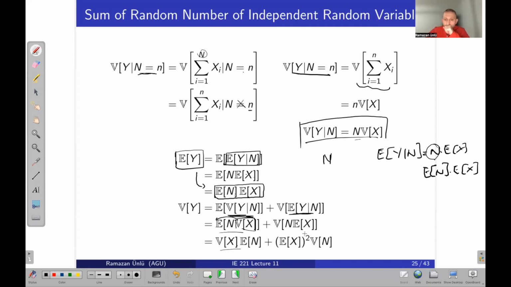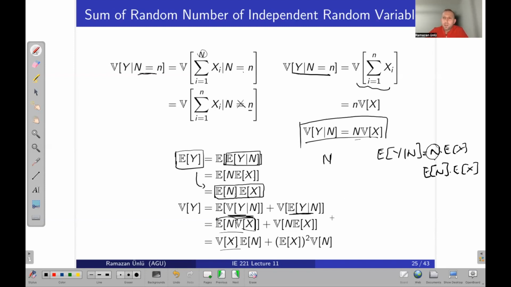Here the expected value of X is a kind of constant, right? And remember that I need to take the square of that coefficient. So I can rewrite this part as the expected value of X squared times the variance of N, right?